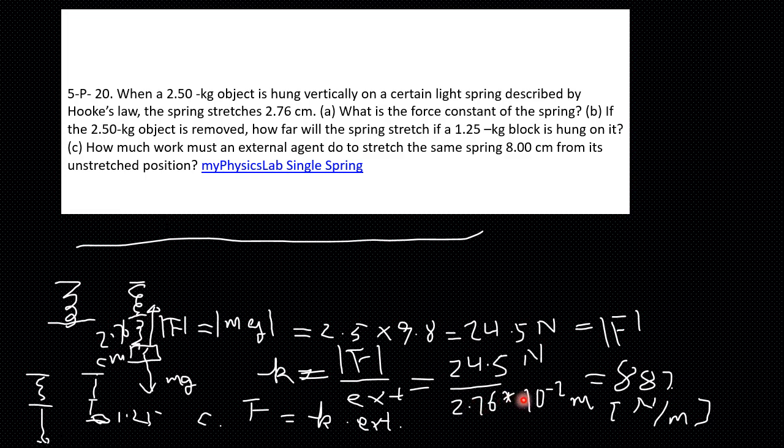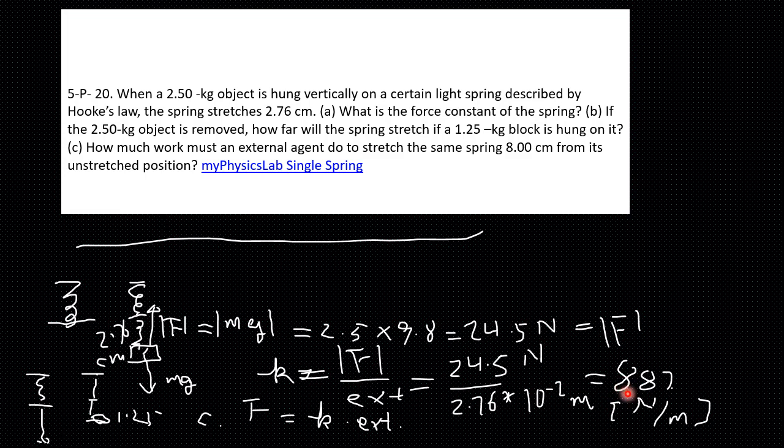So we convert this to meters, times 10 to the negative 4, and dividing by a small number is going to give a bigger number. So that's 887 newtons per meter. Of course you will not normally stretch the spring by 1 meter, you only stretch this much. But that's how strong the spring is.